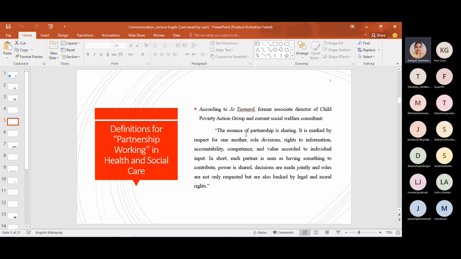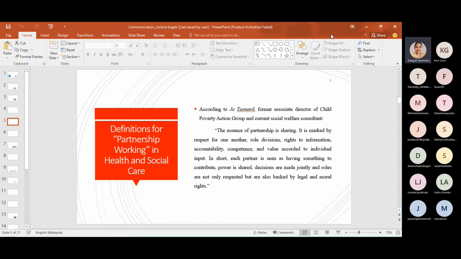And in short, each partner is seen as having something to contribute. Power is shared, decisions are made jointly, and roles are not only respected but are also backed by legal and moral rights.